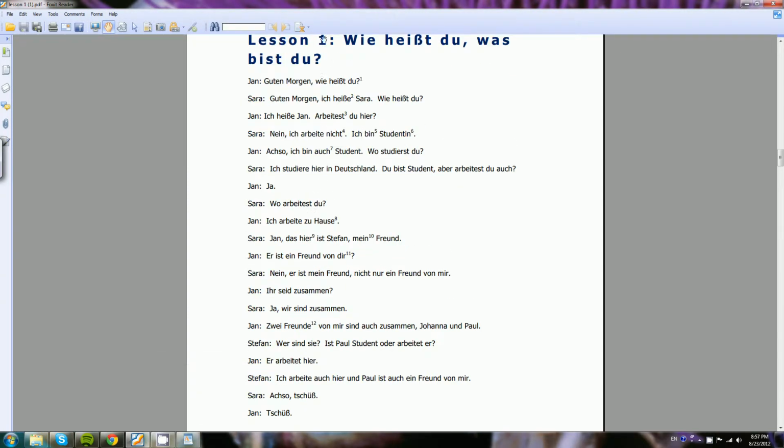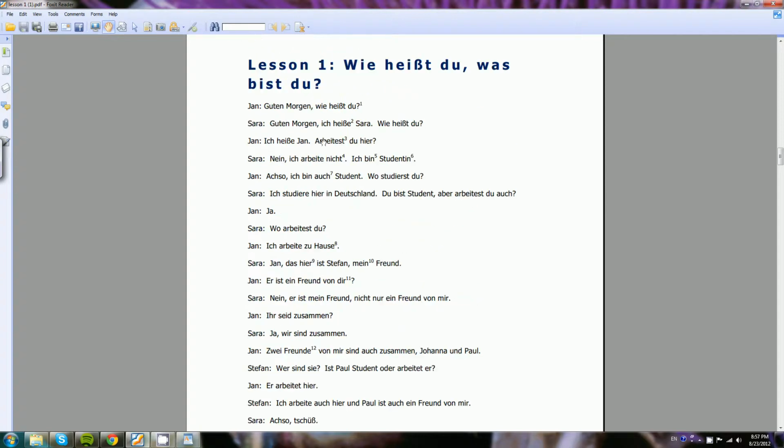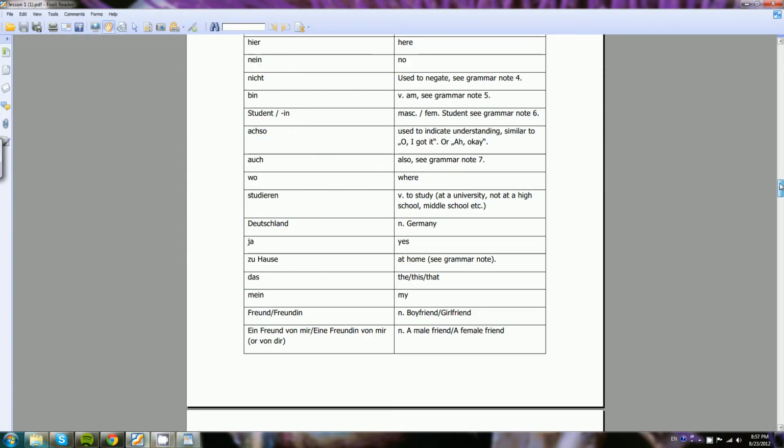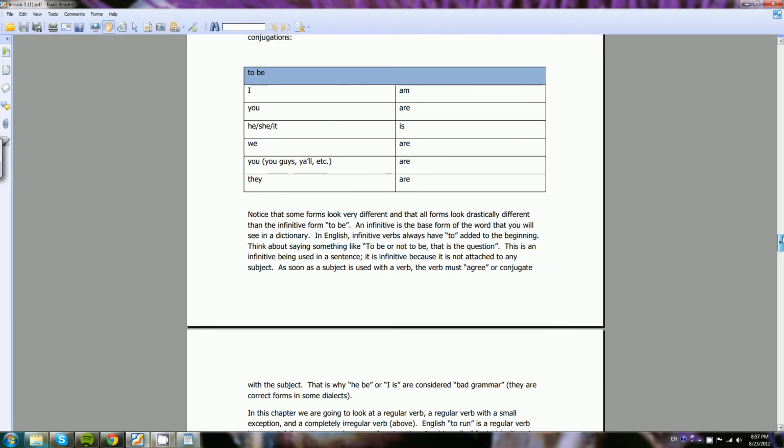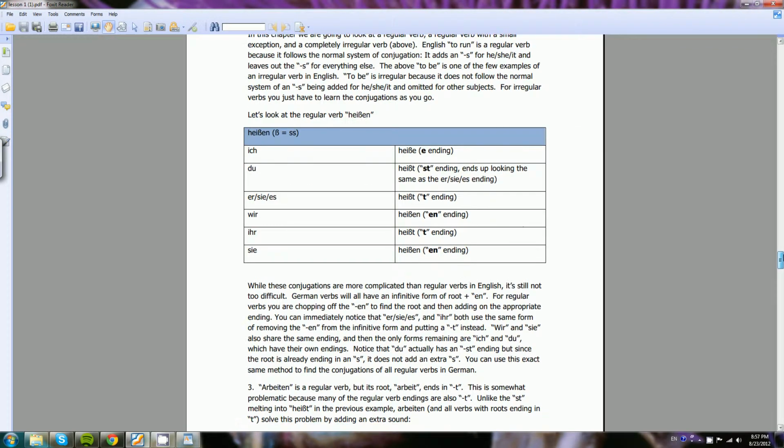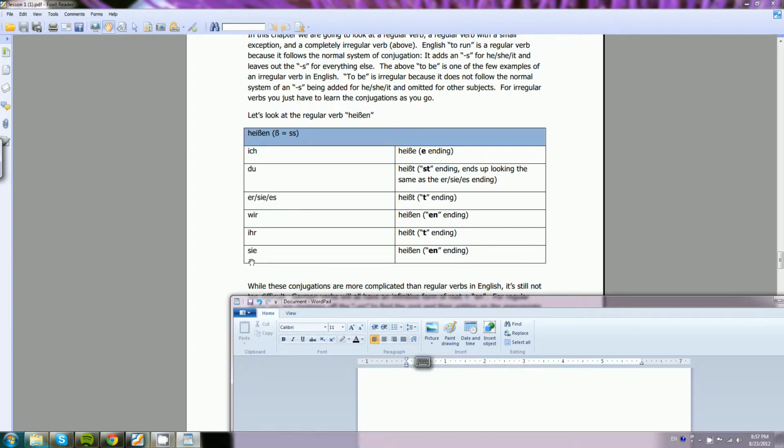Also, I didn't really put this in the grammar notes. I didn't really want to confuse anyone, and I'll emphasize it more later. But when you look at the pronouns here, there's actually this "sie" that means they. There's another pronoun, "Sie," written capitalized. That capital S is the formal version of you.